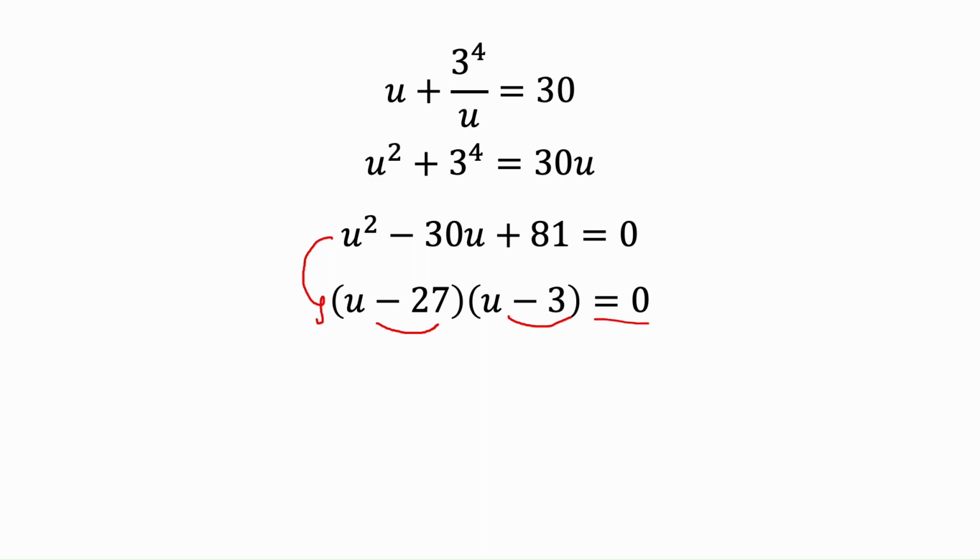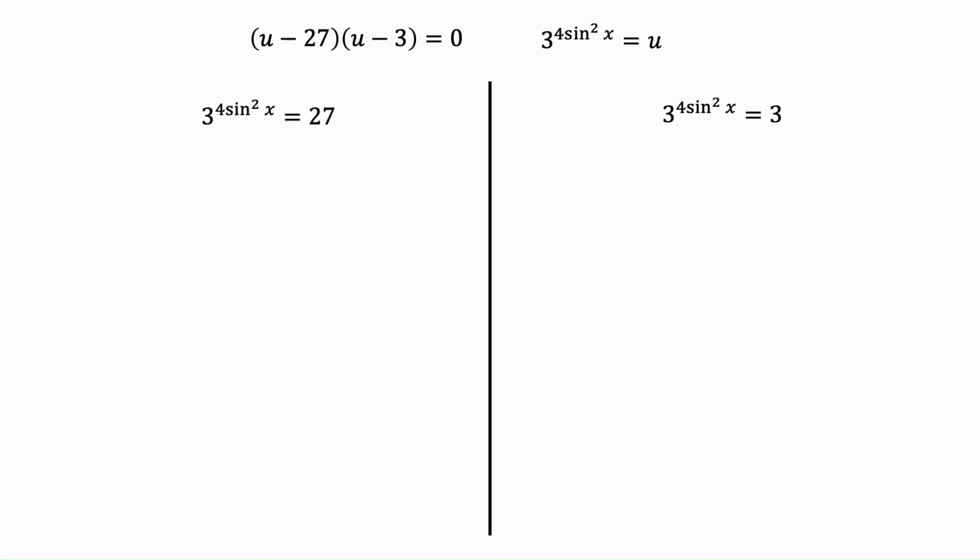When we have two factors multiplied equal to 0, one of them at a time needs to be 0. So for example, we have u equals 27 or u equals 3. As we defined u before, u was 3 to the power 4 sine square, which can be 27, or 3 to the power 4 sine square equals 3. We have two scenarios.